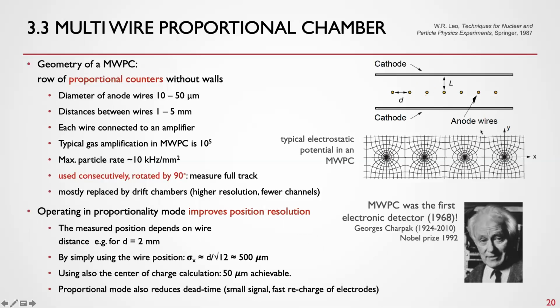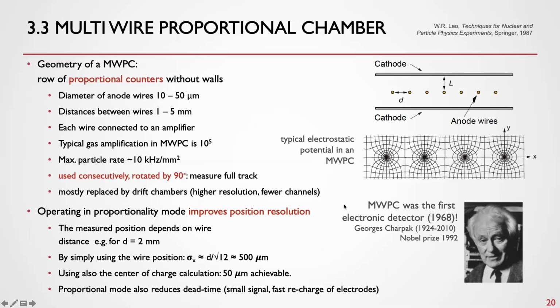That means if we only know that this wire fired, then we have to assume a uniform distribution of the probability of where the particle actually went through, leading to a resolution of the distance parameter d divided by square root of 12, which in this example is 500 micrometer.